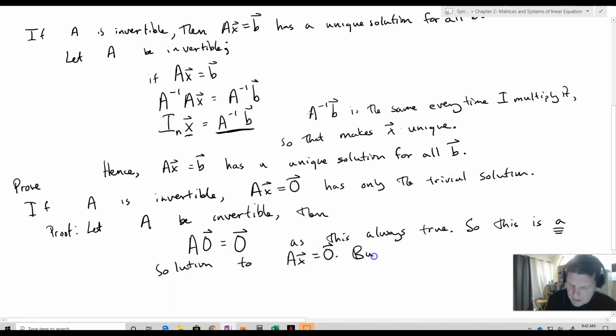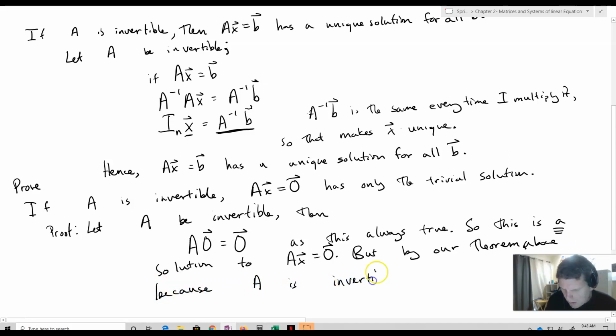But by our theorem above, because A is invertible, AX equals 0 has a unique solution.